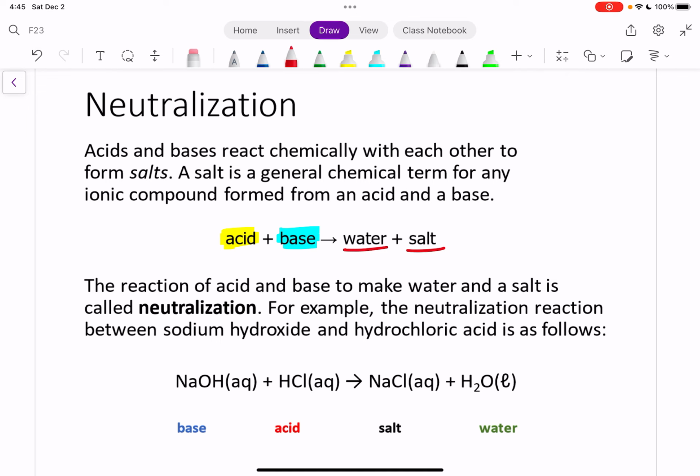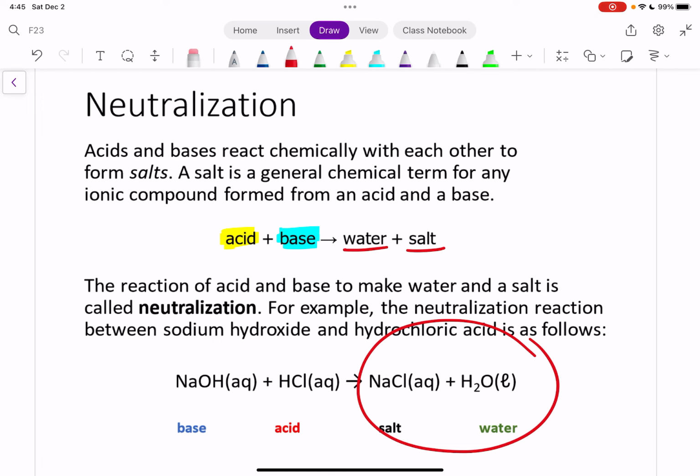And if you look on the left side of this equation, those are two things that we don't really want to touch as humans. NaOH is pretty caustic, right? It's a base. HCl is a strong acid, so that one can do quite a bit of damage as well. But when we react a base and an acid together, we neutralize those things. And what you get out are these substances that we eat, drink, touch all the time, right?